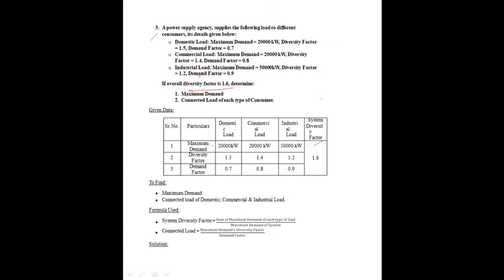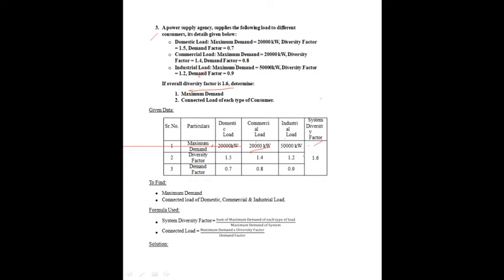Okay, maximum demand, and domestic load, commercial load, industrial load: 20,000 kilowatt, 20,000 kilowatt, and industrial load 50,000, and diversity factors 1.5, 1.4, 1.2, demand factors 0.7, 0.8, 0.9, and the total system diversity factor is given as 1.6.